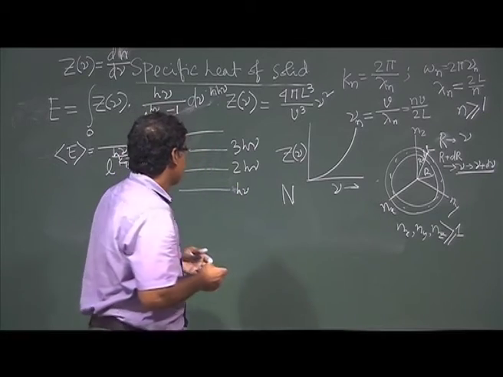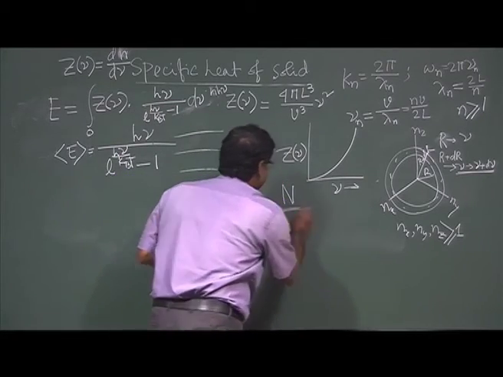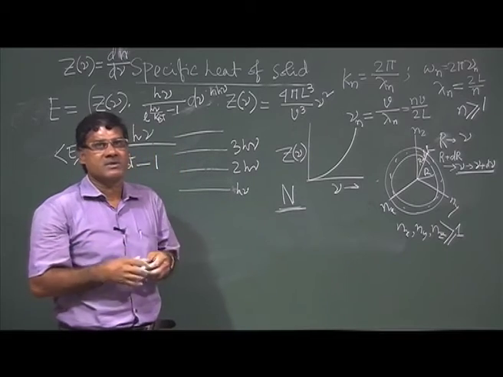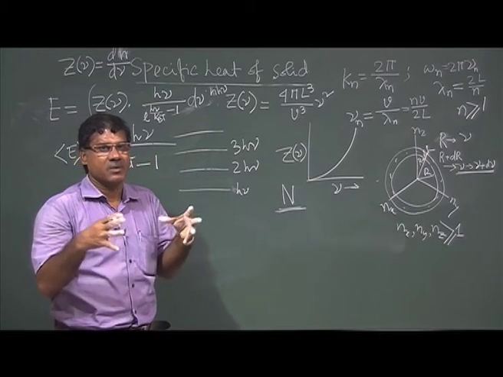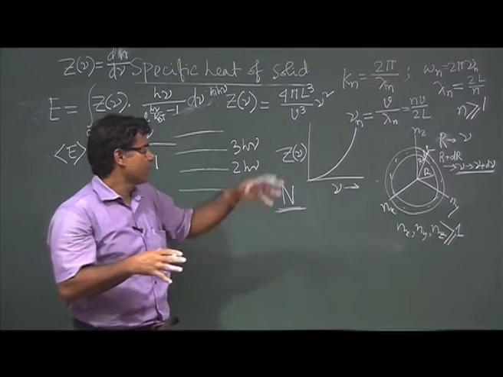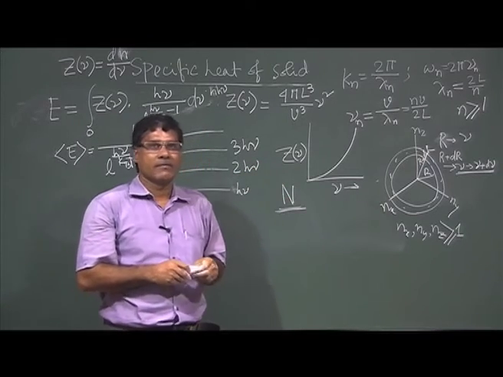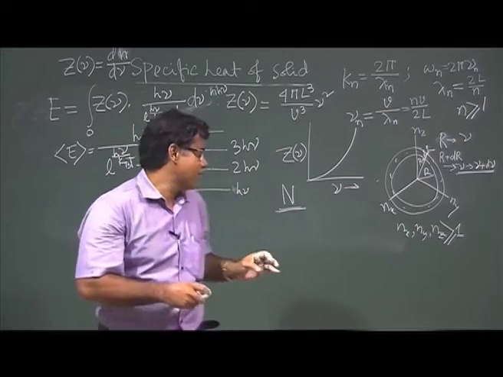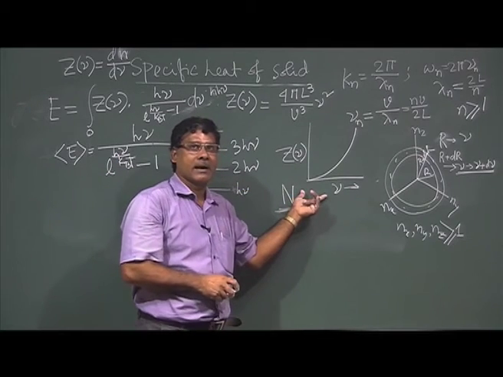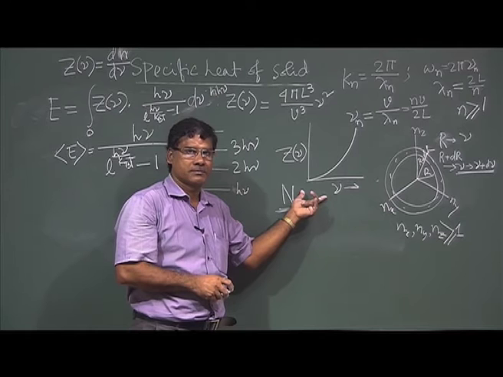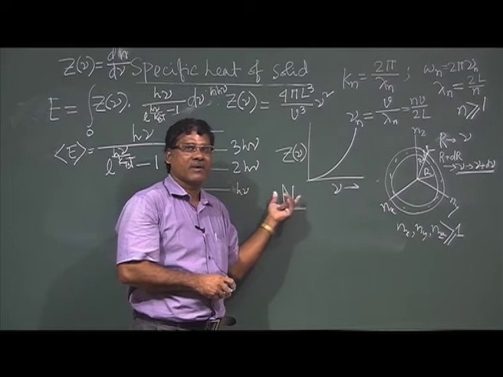Why 3n? This is the total number of atoms or lattice points in this solid cube we have taken. So, I will get n number of modes, n number of atoms are there.